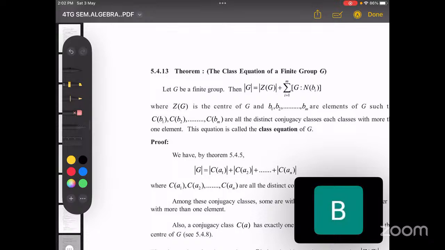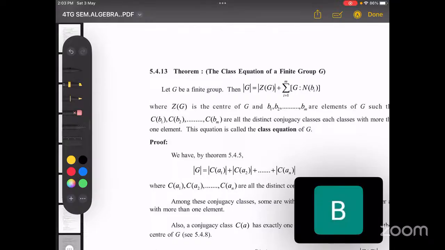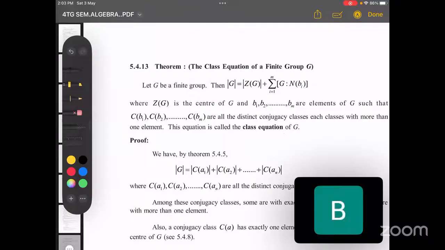So let G be a finite group, then order of G is equal to order of Z of G plus the summation i equals 1 to m of the index of N of Bi in G, where Z of G is the center of G and B1, B2, up to Bm are elements of G such that C of B1, C of B2, up to C of Bm are the distinct conjugacy classes, each with more than one element.